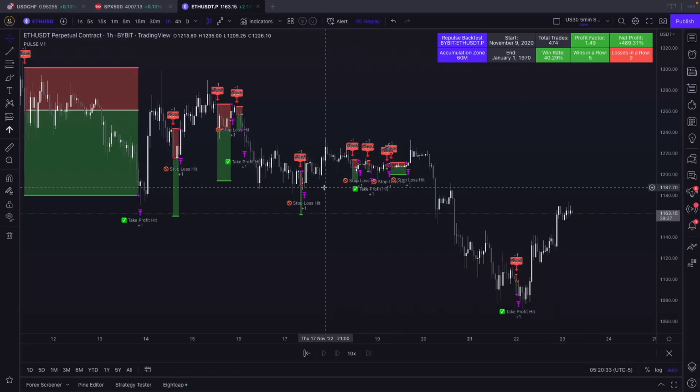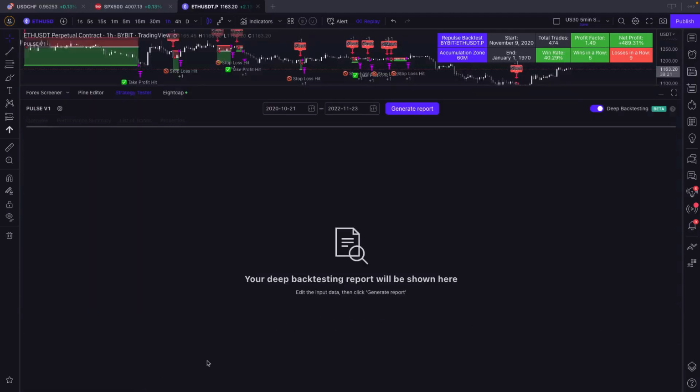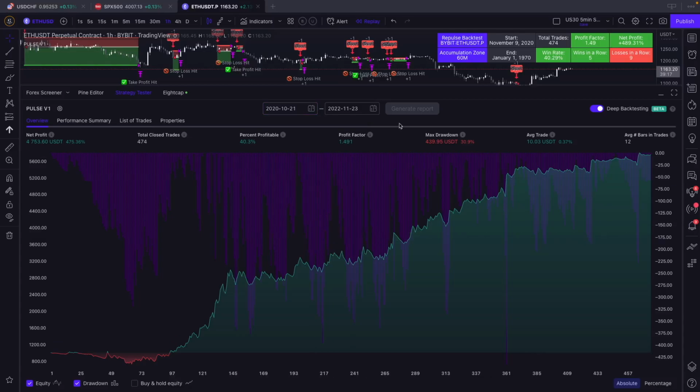Most of the time on Ethereum it's a bit trickier, but we still make more net profit, and if we check the TradingView strategy backtester and select the first available day, we see the curve is actually growing a little bit nicer than on Bitcoin. Our net profit to max drawdown ratio is a little bit smaller, but it's still looking very nice for a 1 hour strategy after a backtesting period of 474 trades.